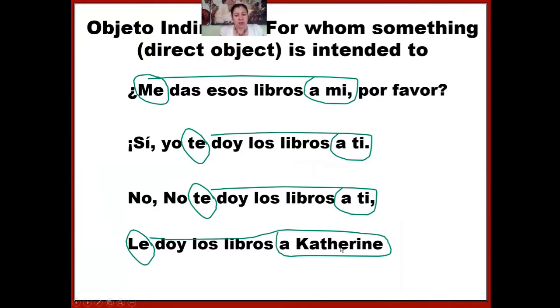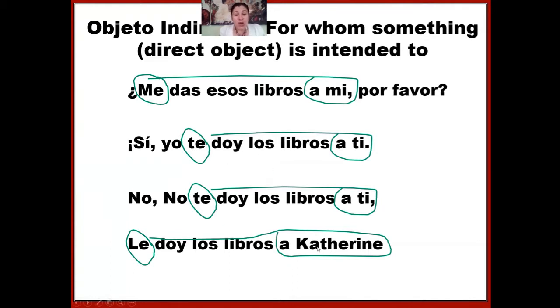Catherine has revealed something we need to pay a lot of attention to. A mí, me. A ti, te. You see that me, mí, te, ti kind of match each other in spelling and pronunciation, and they go one-on-one.